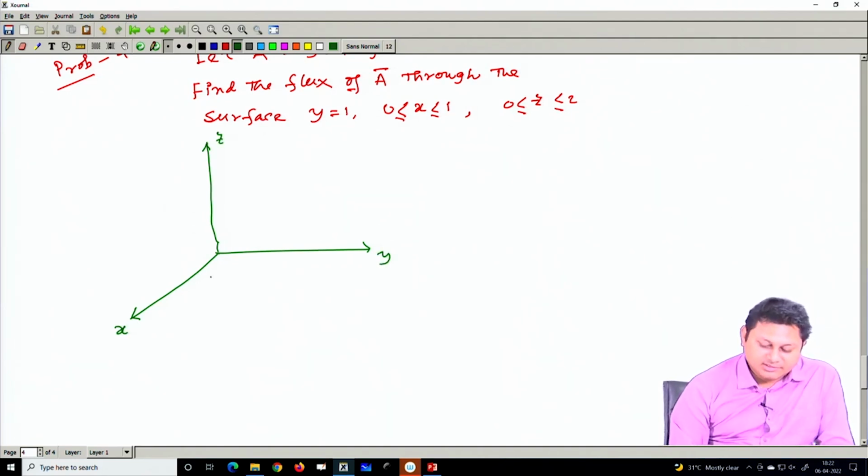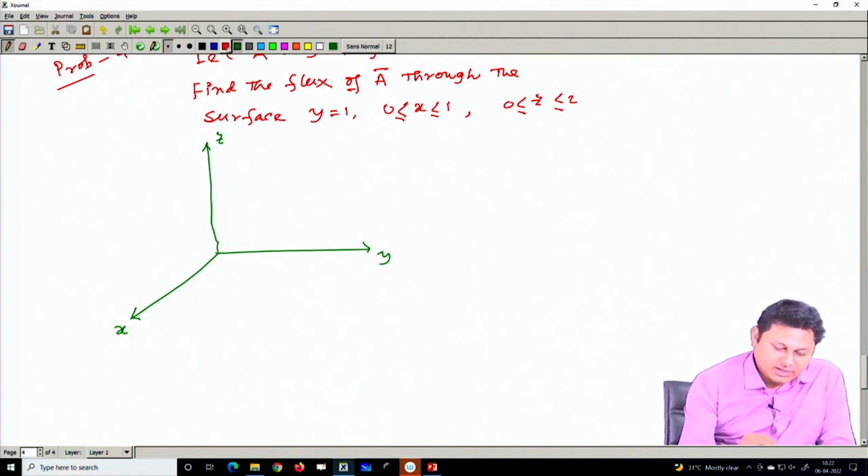The surface is such that y is constant, so it is parallel to the xz plane, and z goes from 0 to 2. x is 0 to 1, and z is 0 to 2.